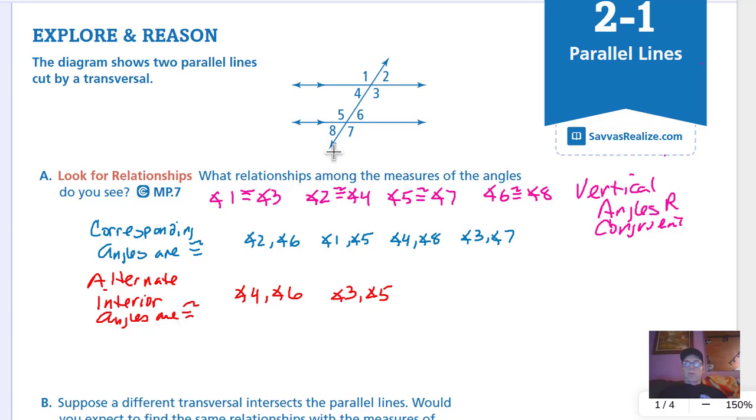We also have alternate exterior angles. If we look at 4 being congruent with 6, being alternate interior, by vertical angles, 6 goes with 8 and 4 goes with 2. This gives us what we call alternate exterior angles congruent. Really it's alternate interior with the vertical angles, or we can just make one jump. If they're on opposite sides of the transversal outside the lines that are crossed, we call those alternate exterior.